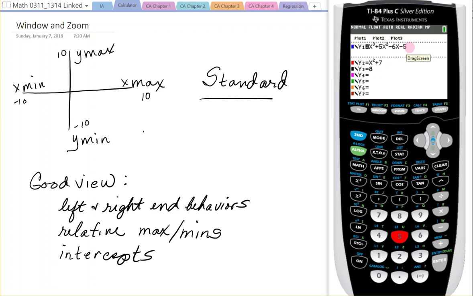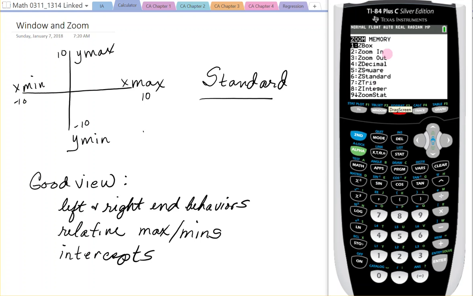Now, I'm going to, for the first time, say something about the zoom key. As we do different things, we'll explore the zoom key in a lot more detail. Zoom box allows you to literally draw a box around a region of the graph and blow it up so that that box fills the whole screen. Zoom in does just that.